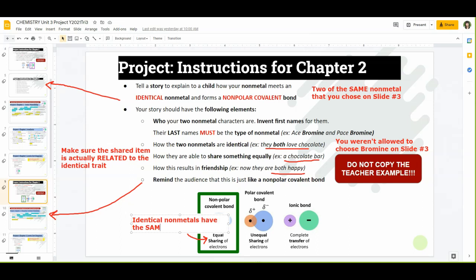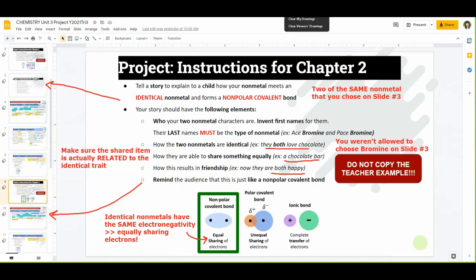They have the same electronegativity, so nobody wins the electronegativity tug of war, and they end up just equally sharing electrons. We'll take a look at the Lewis dot diagram of that in a little bit closer detail in a little bit.